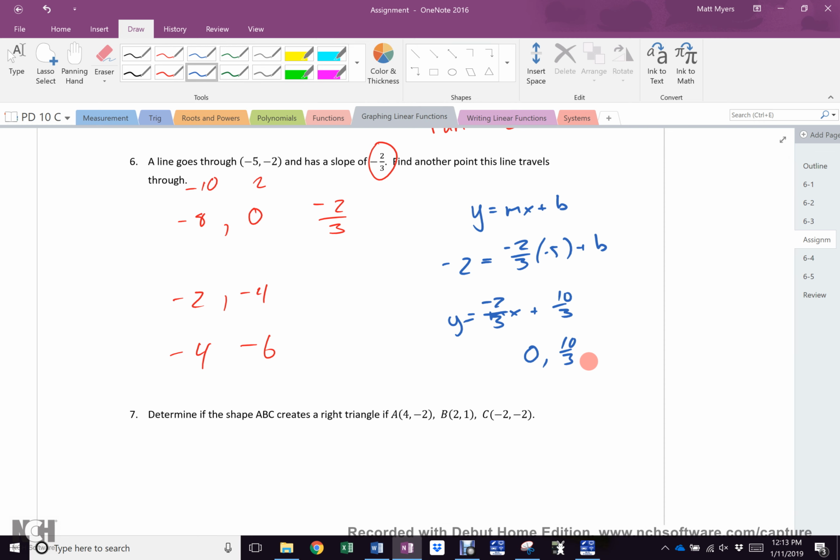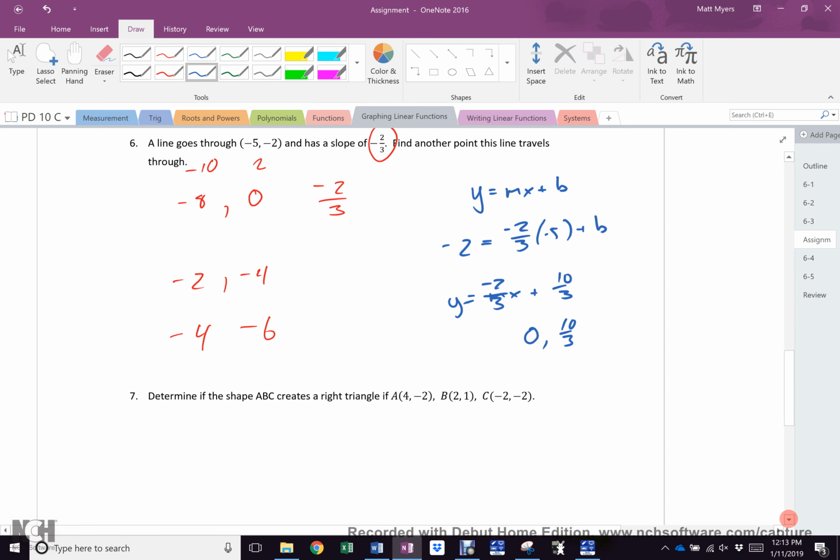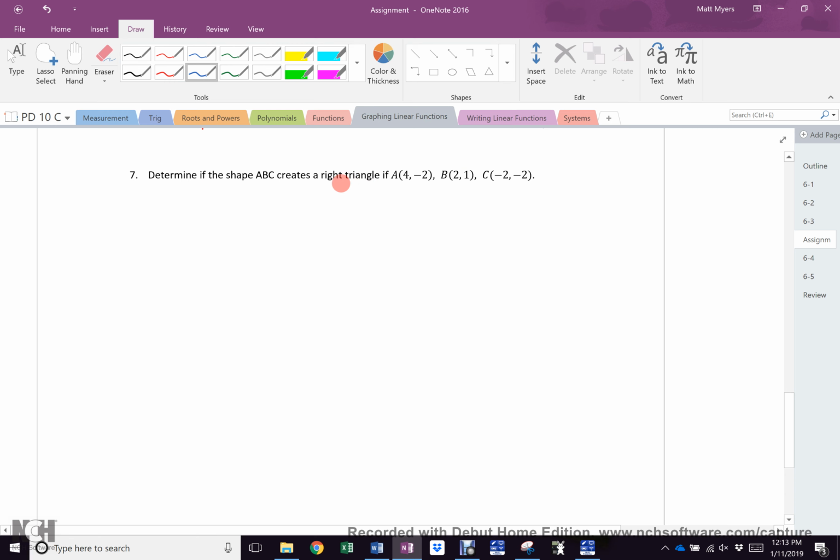Yeah? Yeah. And finally, if this is a right triangle, somewhere 2 lines will meet perpendicularly, which means their 2 slopes will be opposite reciprocals. If you sketch this graph, 4, negative 2. 1, 2, 3, 4, negative 1, negative 2. There's A, 2, 1.